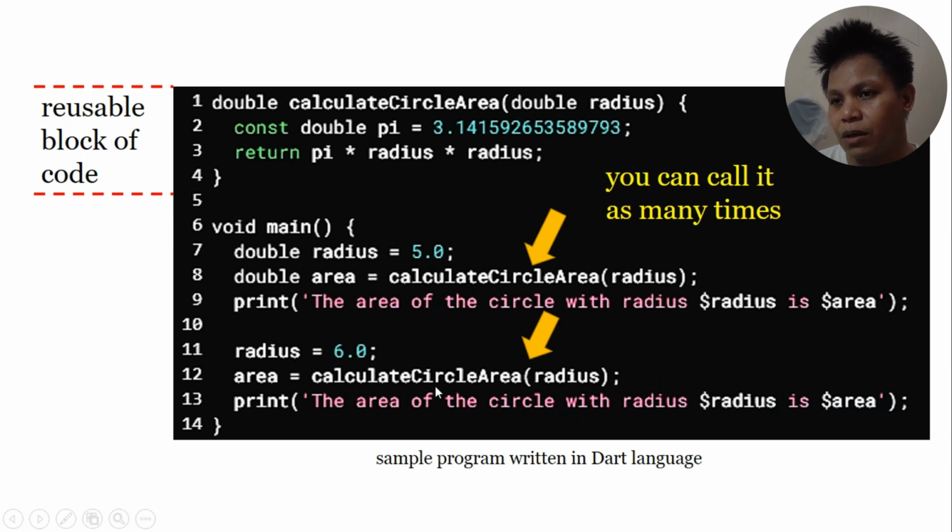So calculate circle will accept a value of 6, and once it jumps to line 3, pi is 3.14, radius is 6 and 6. So you do the math, and that will be the value of the area variable here in line 12. So that's basically what a function is.